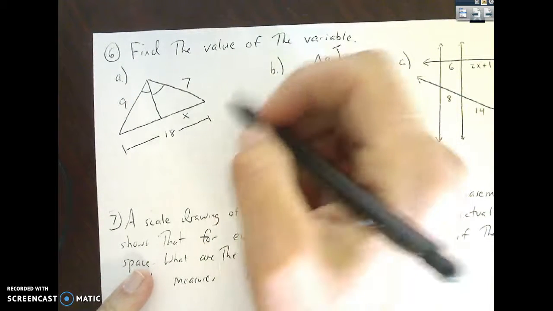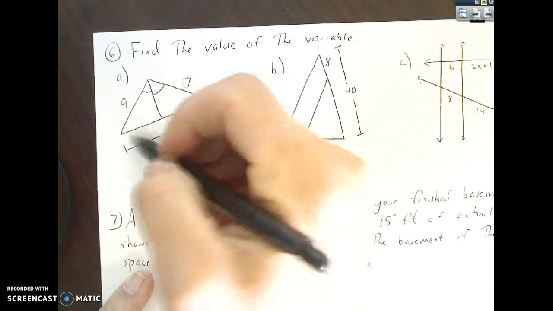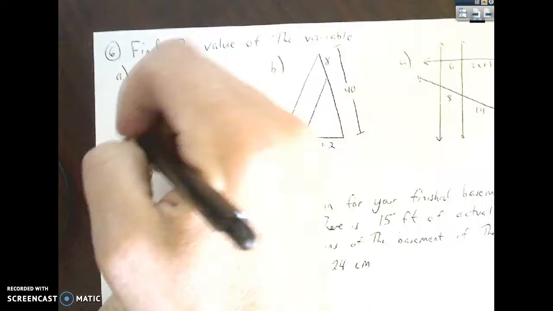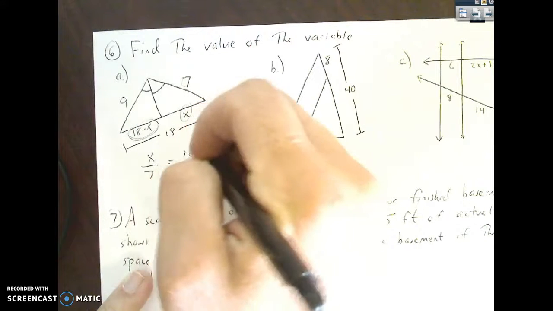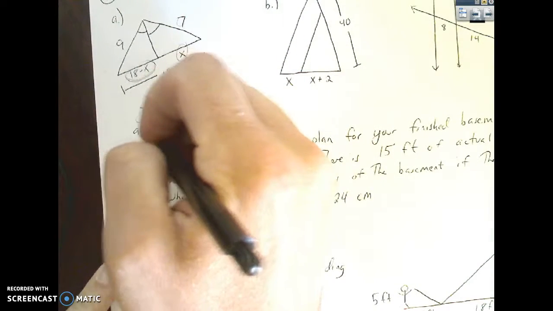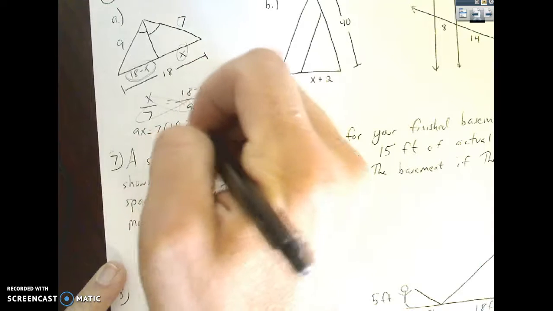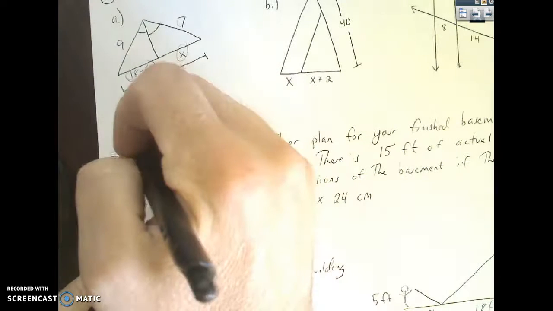Alright, find the value of the variable. I can say x over 7 equals, I need this piece right here, in this case it's 18 minus x over 9. Okay? I can cross multiply here. 9x equals 7 times 18 minus 7x. 7 times 18 gives me 126.